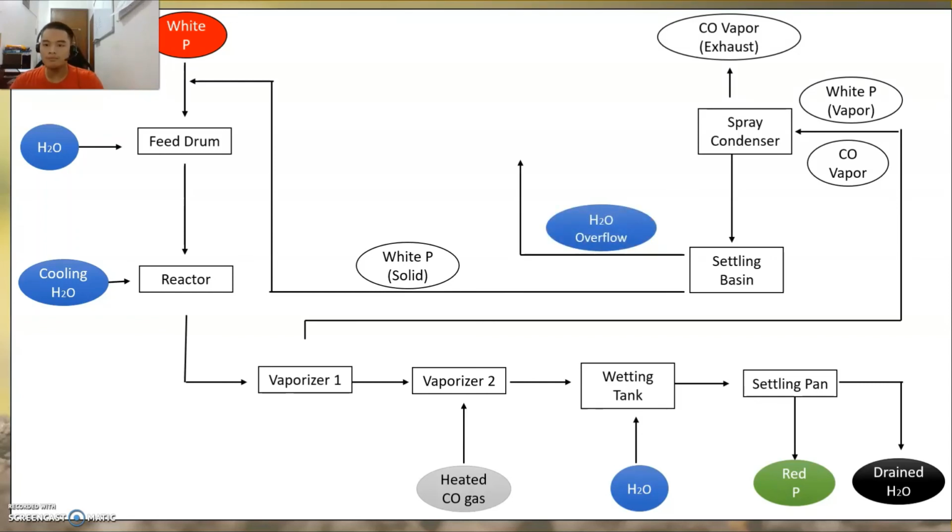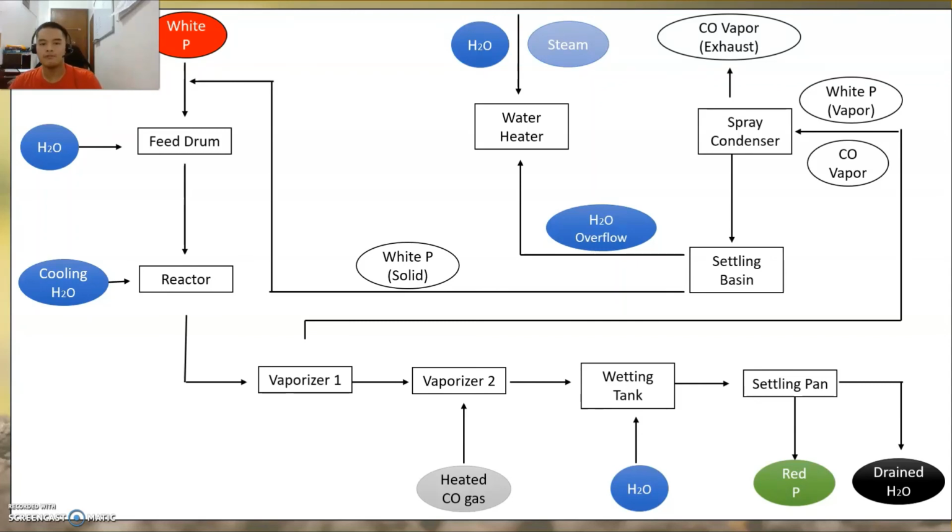And another output of the settling basin is water that overflows in the basin itself. This overflowing water is fed into a water heater, where another feed stream is a mixture of water in liquid form and water in vapor form, or steam. In the water heater, the water is already heated.